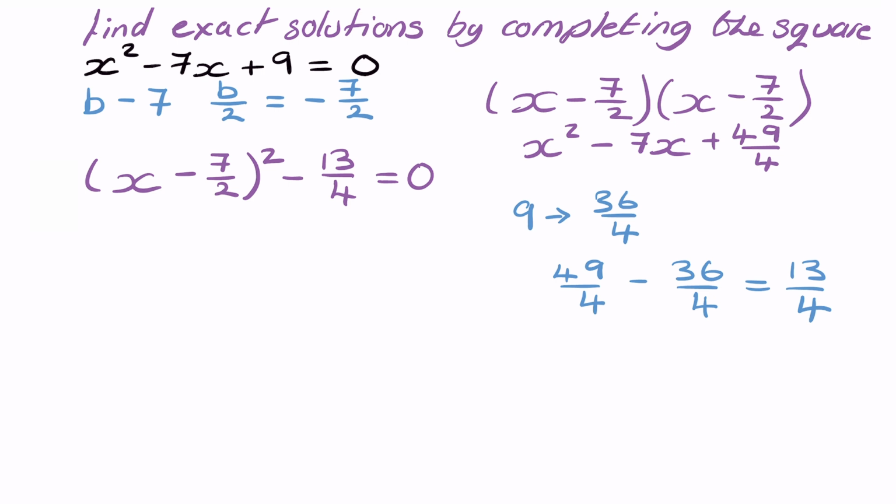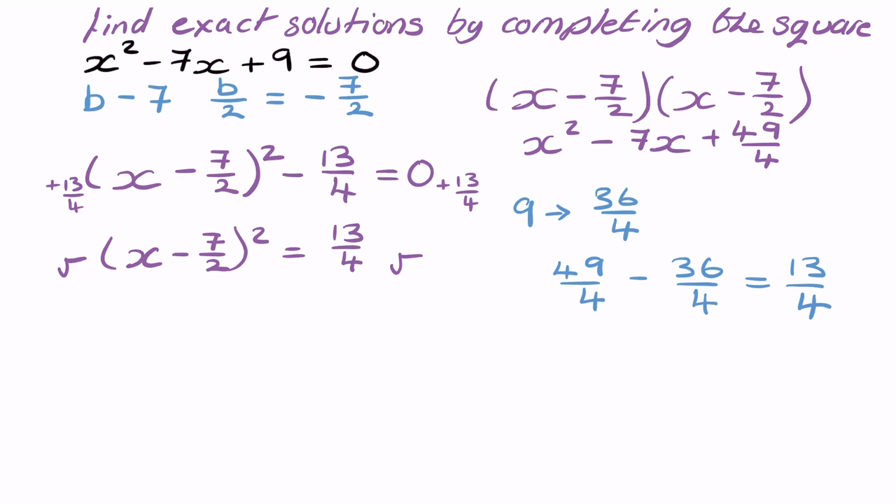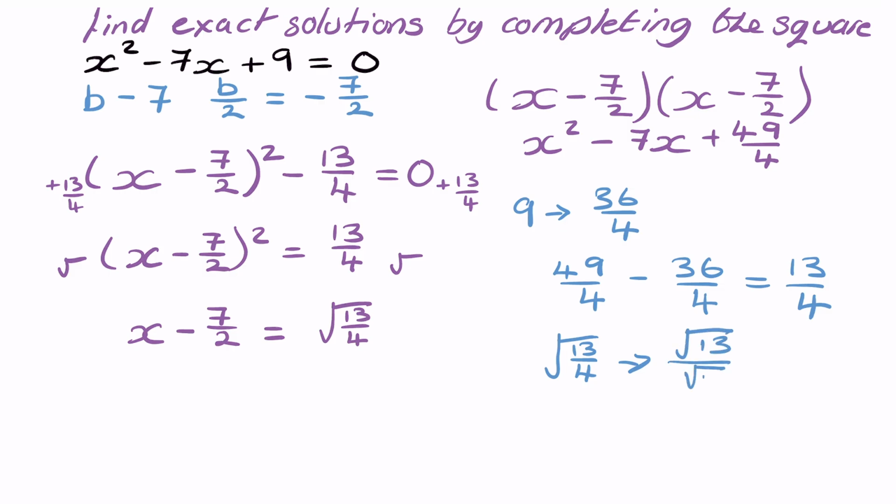And now we go ahead and solve. So we add 13 over 4 to both sides. That gives us x minus 7 over 2 squared equals 13 over 4. Square root of both sides. That gives us x minus 7 over 2 equals, now the square root of 13 over 4 is the same as the square root of 13 divided by the square root of 4, and the square root of 4 is 2.